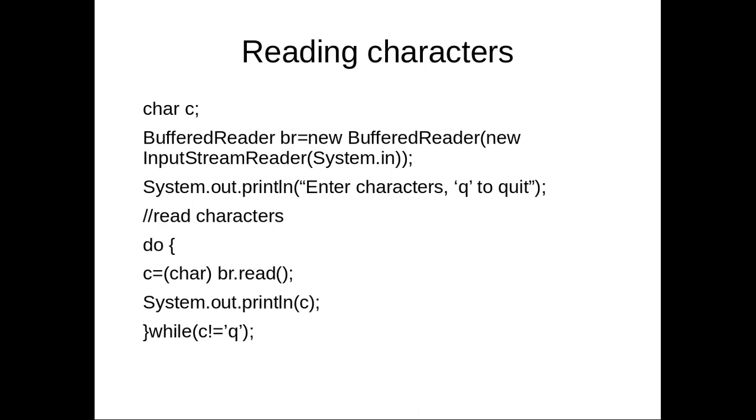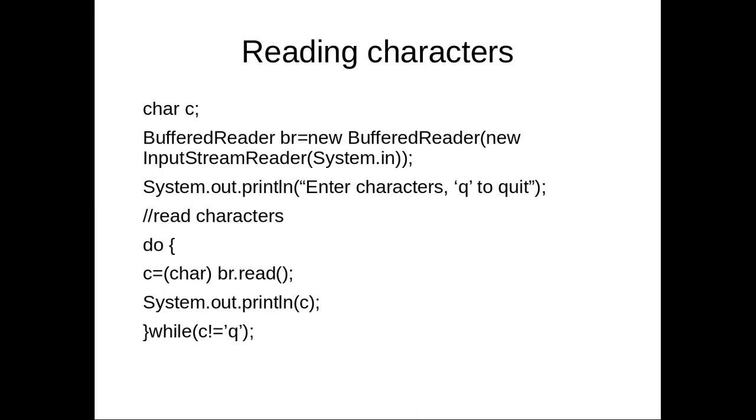Now you output "Enter characters, 'q' to quit." You type a sequence of characters, and when it matches q, it will exit. This is a do-while statement, and c was already defined as a character. c = br.read(), where br is the BufferedReader object, reads a character from the keyboard and assigns it to c.